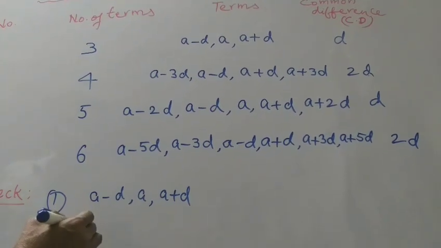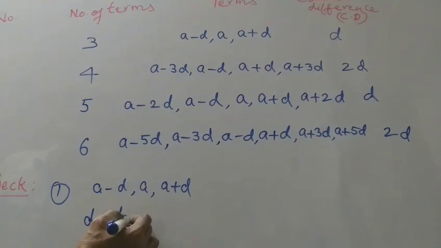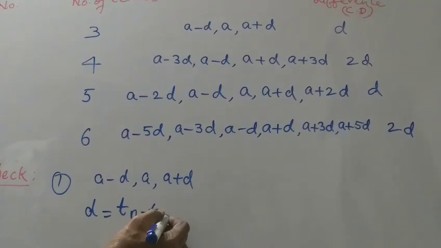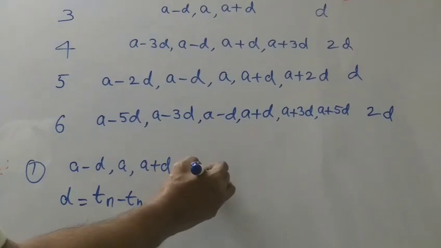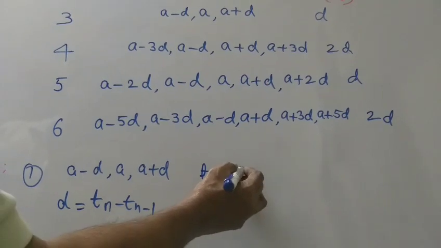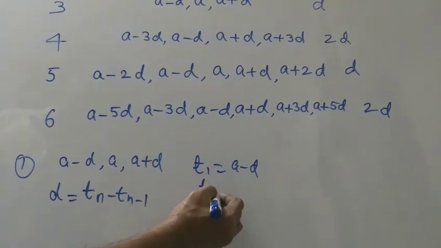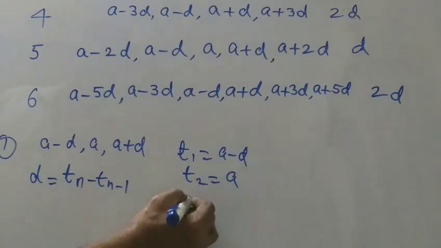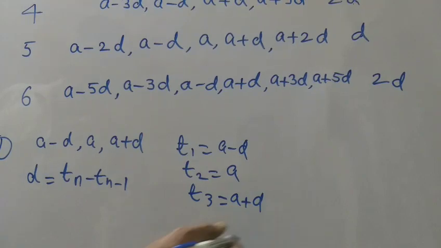So, the common difference between any two terms is tn minus tn minus 1. Here t1 is equal to a minus d, t2 is equal to a, t3 is equal to a plus d.